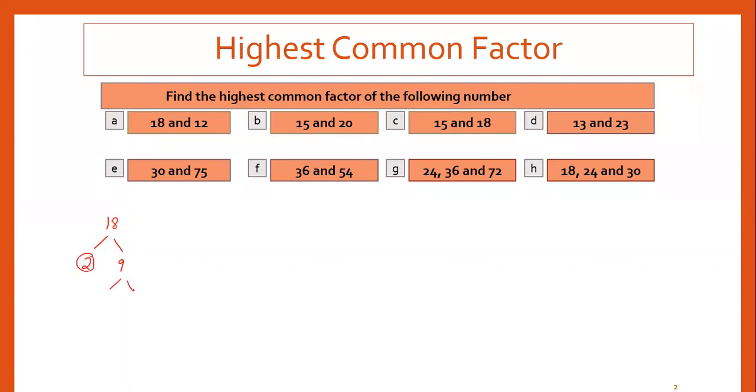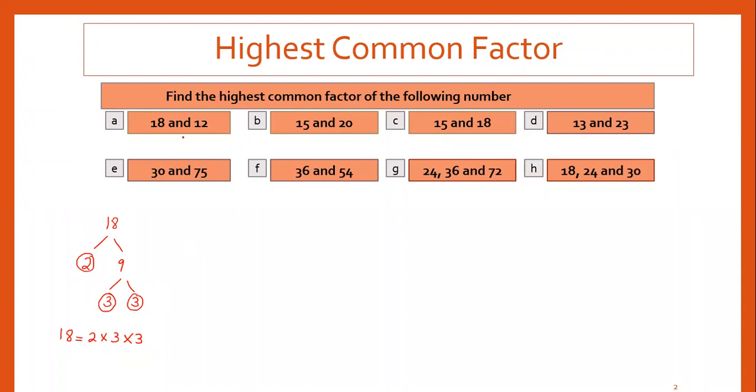Then we have 9. 9 is a product of 3 multiplied by 3. Both of them are prime, so I can say that 18 is the product of the prime factors 2 times 3 times 3, taking consideration that we have to write the prime factors from least to greatest.